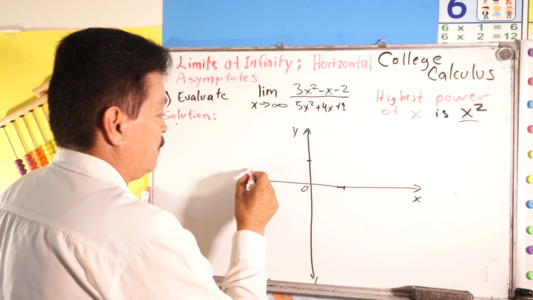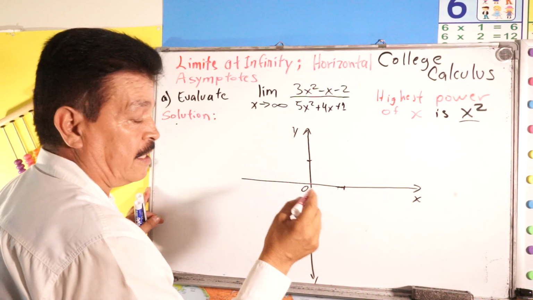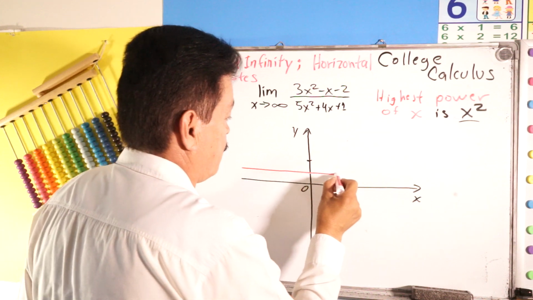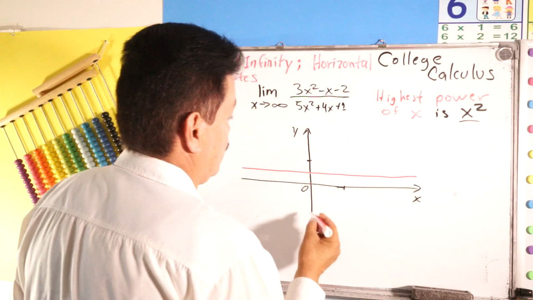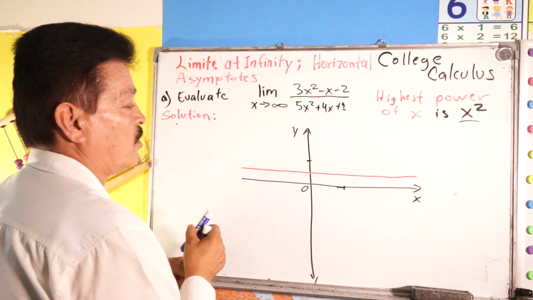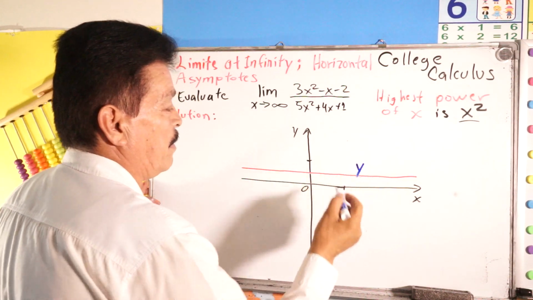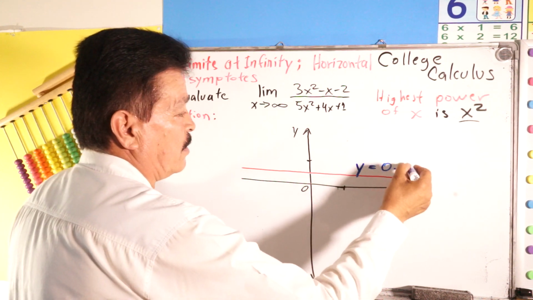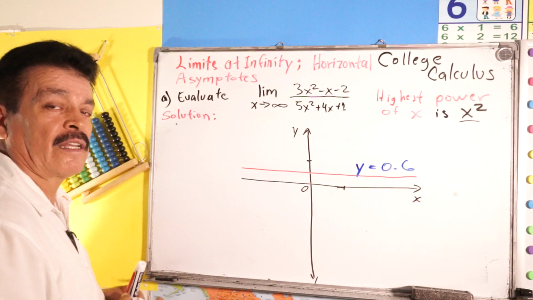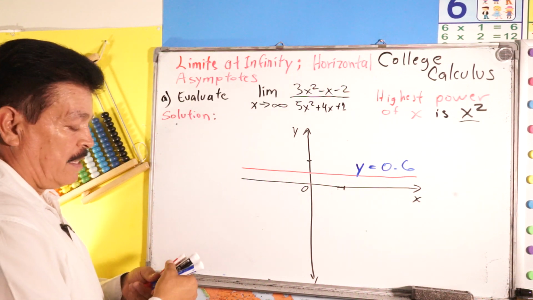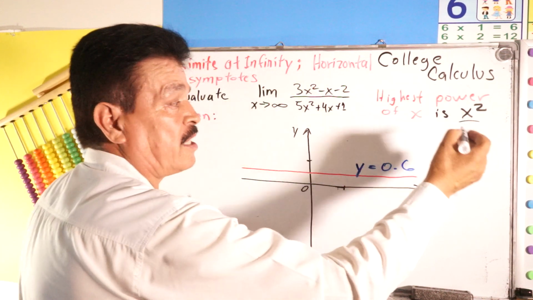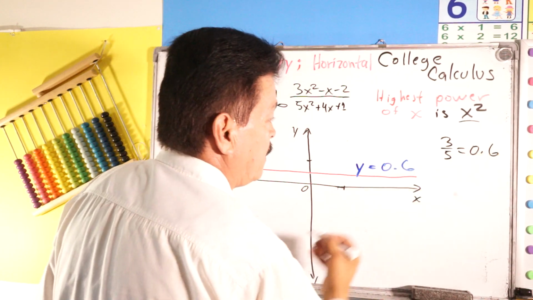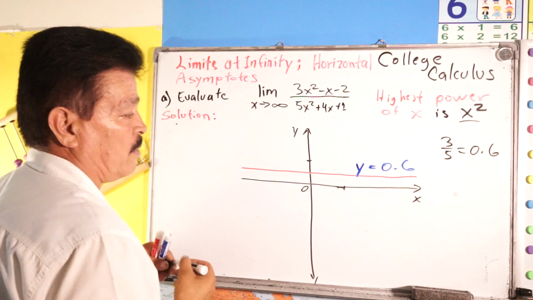And then let me write the asymptote. The asymptote is y equals, remember the answer that we got in our problem, 0.6. The answer was 3/5, but the rest equals 0, right? That's why the asymptote is right there.